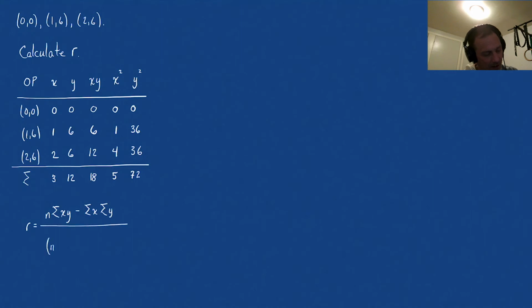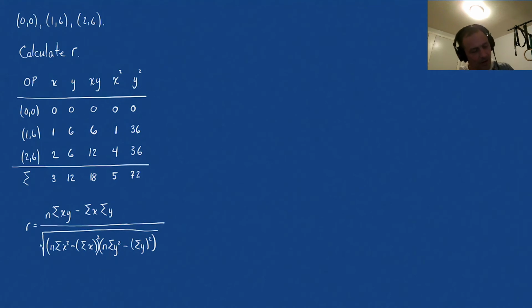Well, that's n times the sum of the x squareds minus the sum of the x's squared, times n times the sum of the y squareds minus the sum of the y's squared. And we get a big square root over all of that.